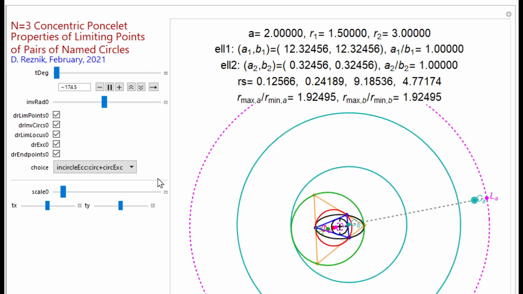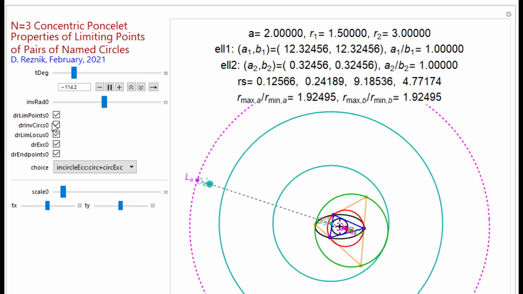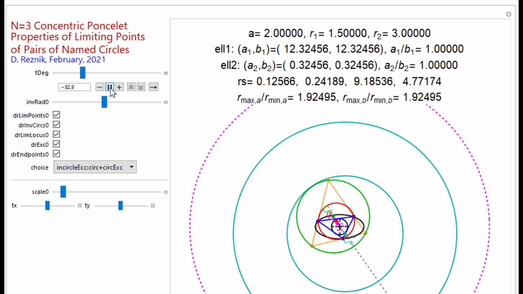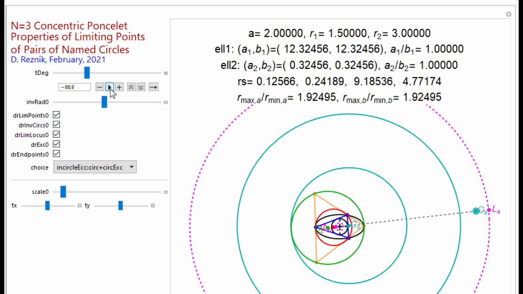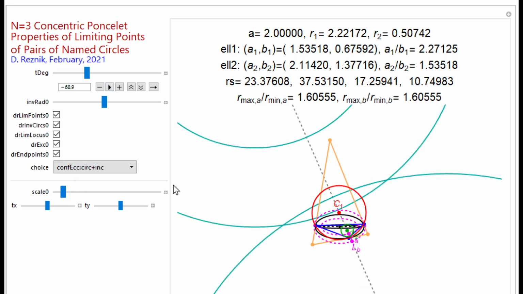Okay, so there you have it for 4 or 5 phenomena, depending on how you want to count them. 3 of them related to the loci of these limiting points. They are circles for the confocal when you're dealing with circumcircle and Bevan, and also for the pair with incircle. And they're ellipses when you are in the confocal pair, but you are actually considering the incircle and the circumcircle.